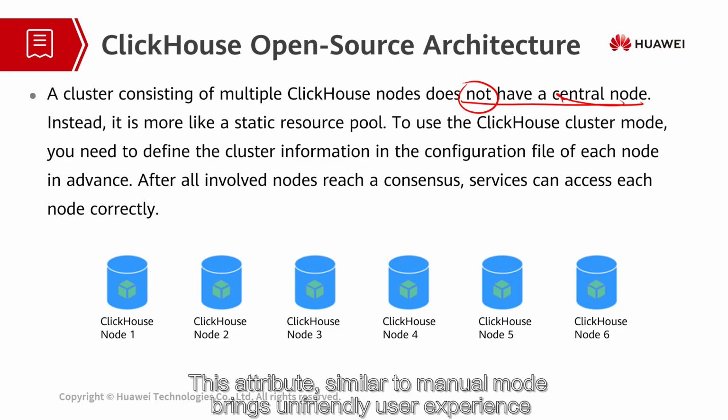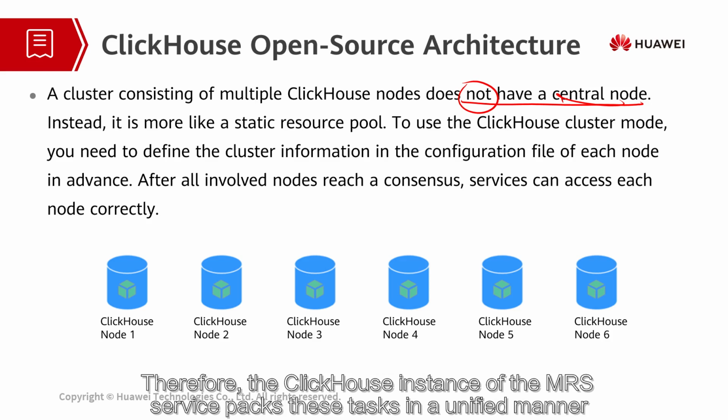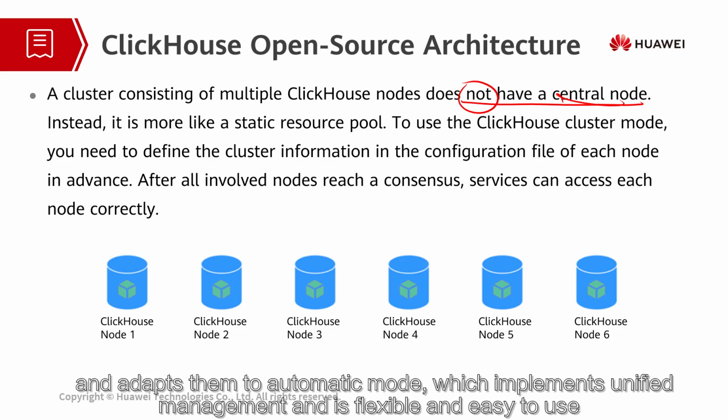This attribute, similar to manual mode, brings unfriendly user experience. Therefore, the ClickHouse instance of the MRS service packs these tasks in a unified manner and adapts them to automatic mode, which implements unified management and is flexible and easy to use.